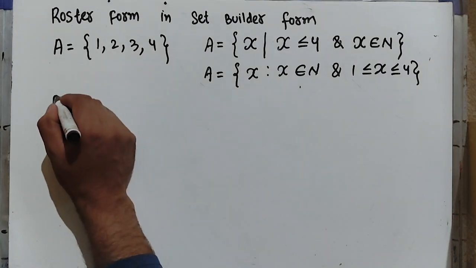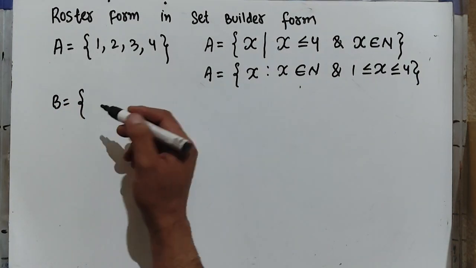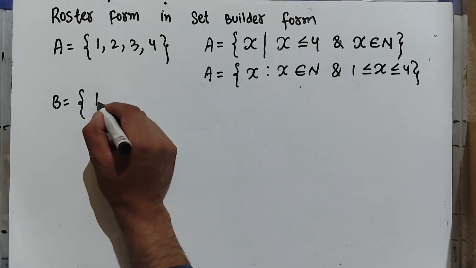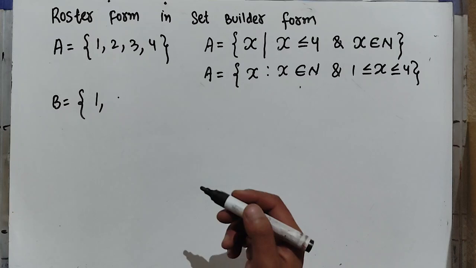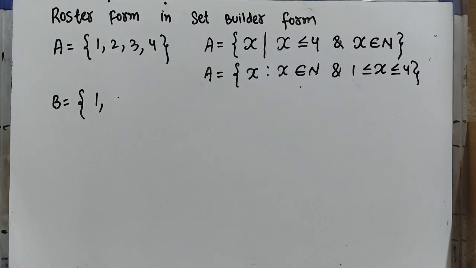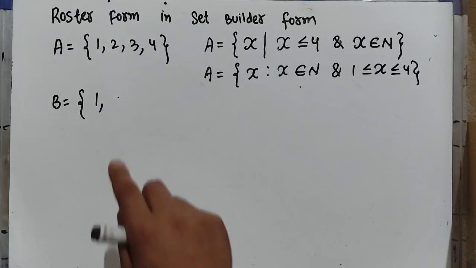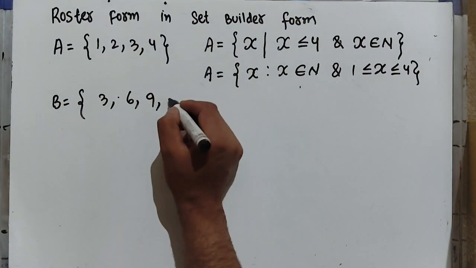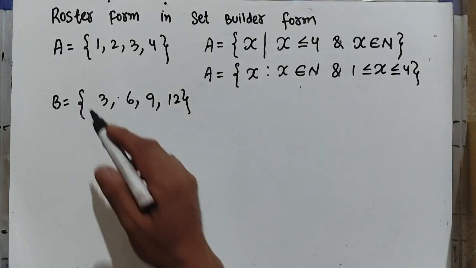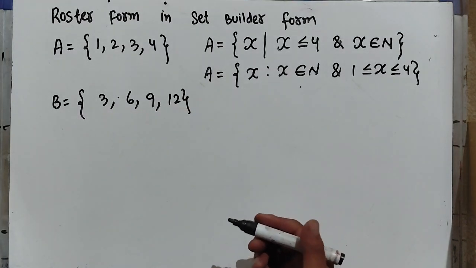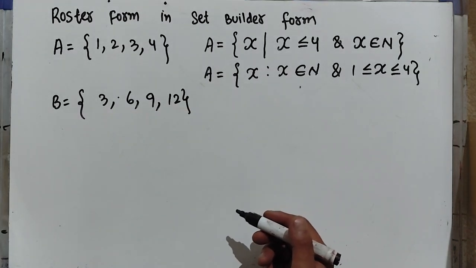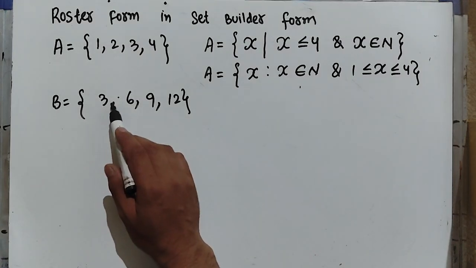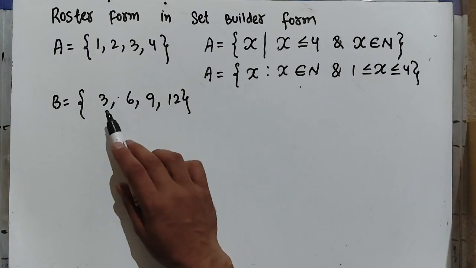Let us suppose we have a set B in the roster form. Let us take a simple example. Let us say we have 3, 6, 9, 12. This is in roster form. How do we write it in set builder form? Here we can see these are all multiples of 3.